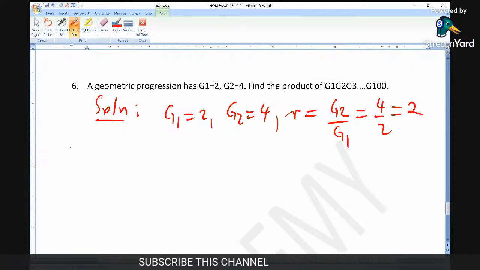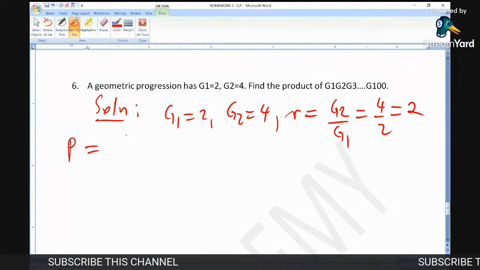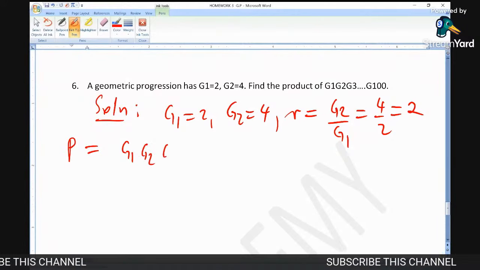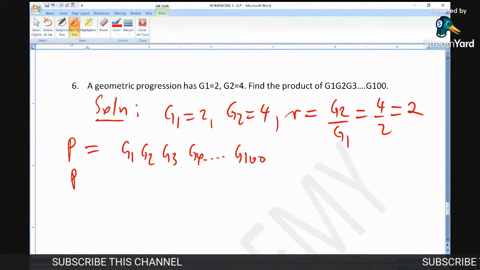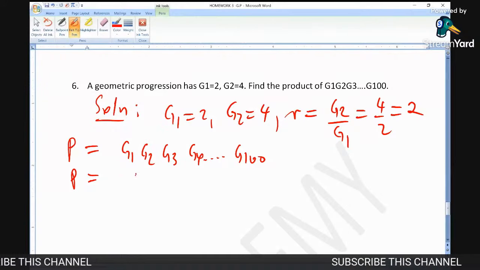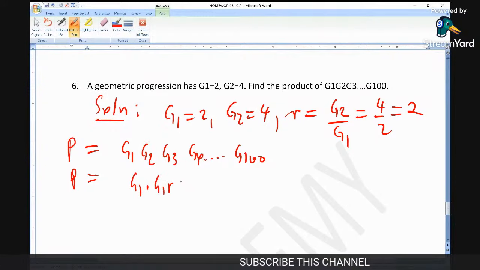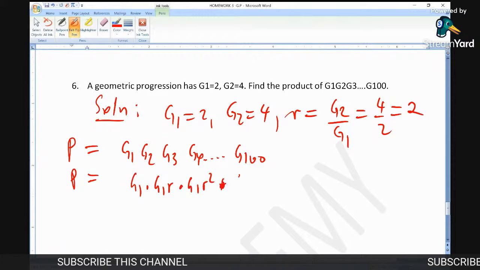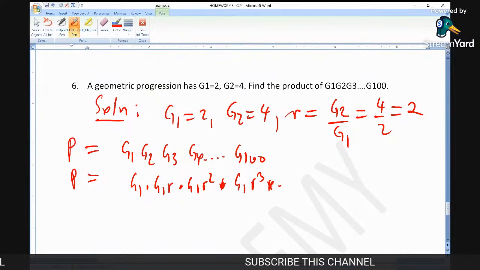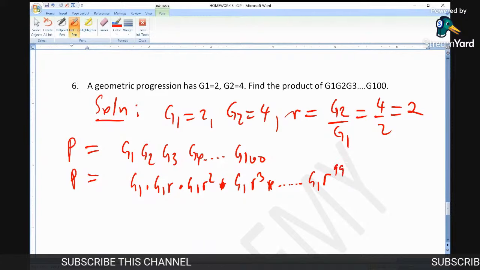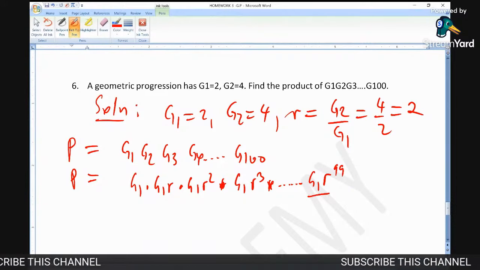So the product P equals G1, G2, G3, G4, up to G100. The product of these numbers will be G1 times G1 r times G1 r square times G1 r power 3, and so on, times G1 r power 99, that is G100, okay?